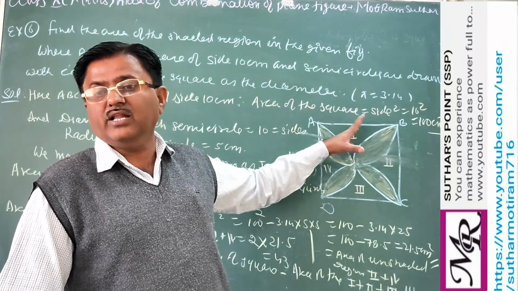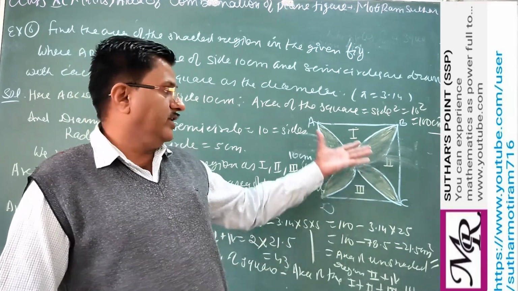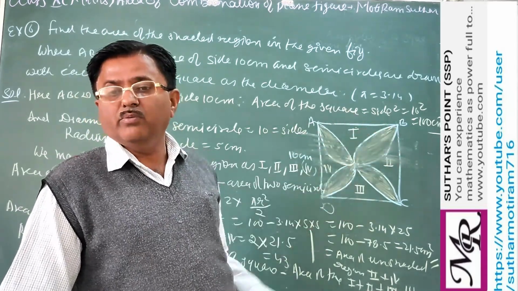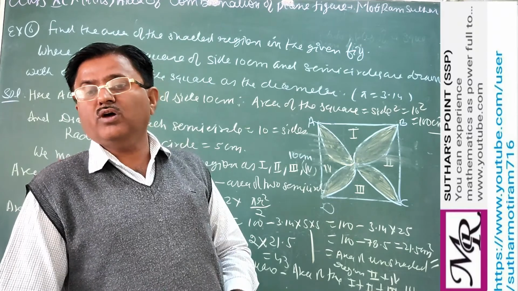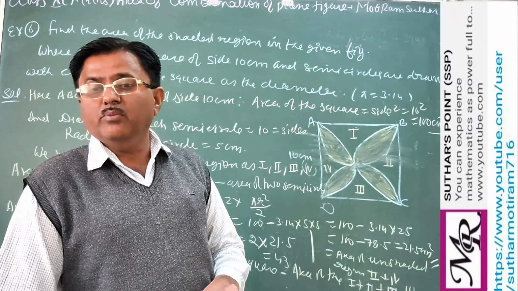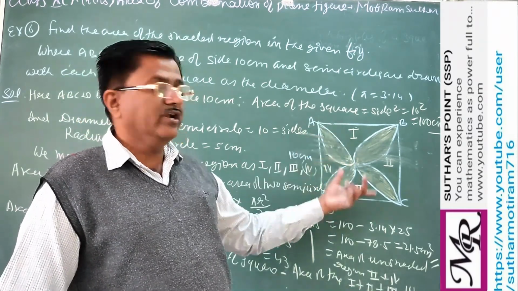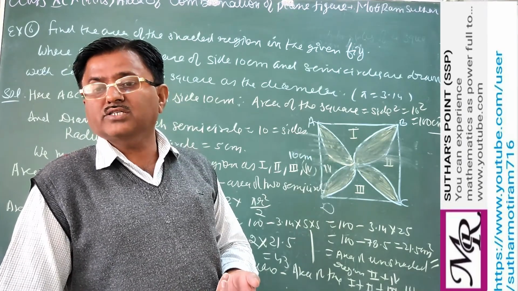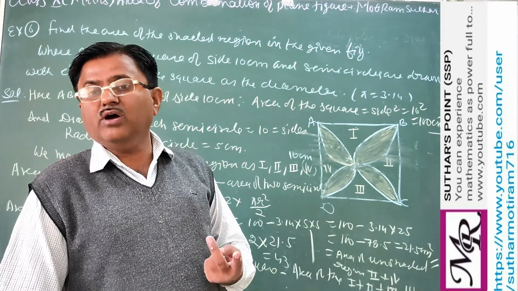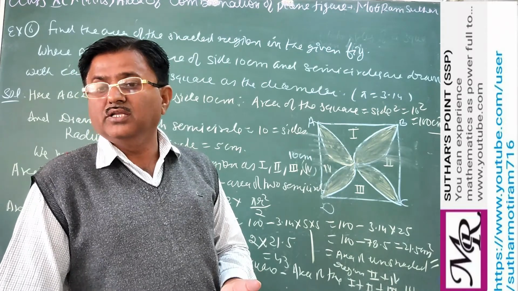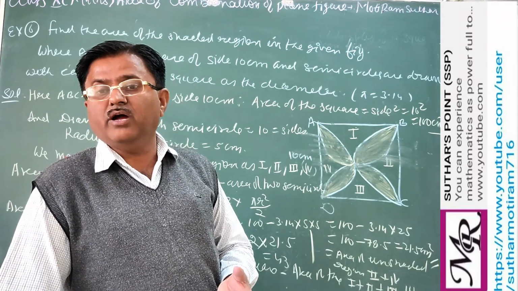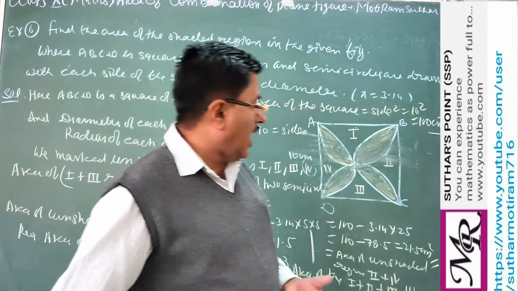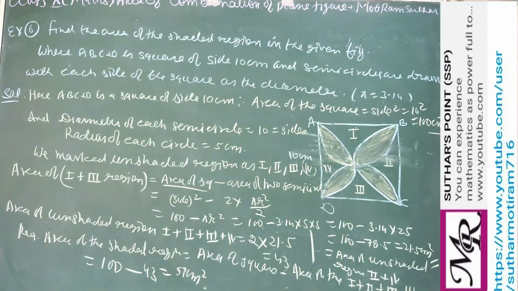If it is a circle, what is its radius? If it is a square, what is the side? If it is a triangle, what is the side of the triangle? For a sector or segment, you have to find two things, the radius and central angle.